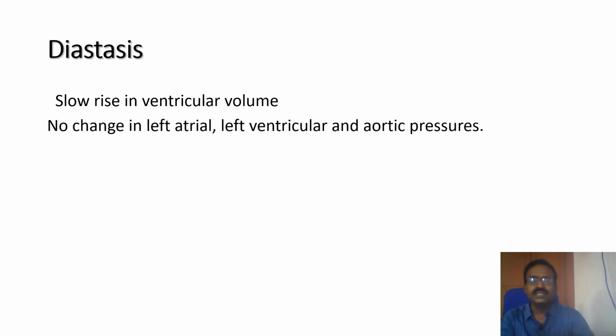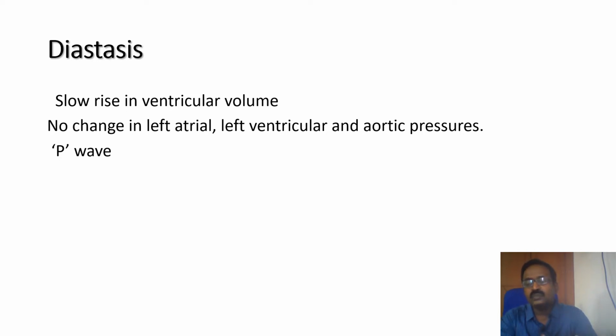No change in the left atrial, left ventricular, aortic pressure. The P wave begins to appear at the end of this phase. These are the major events occurring during the diastasis or reduced filling phase. So 80% of the ventricular filling occurs during the reduced filling phase and rapid filling phase.